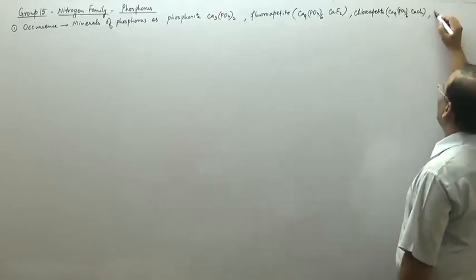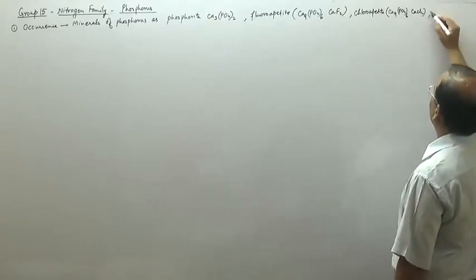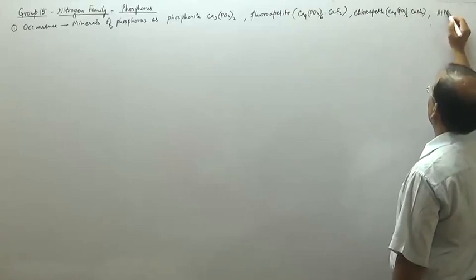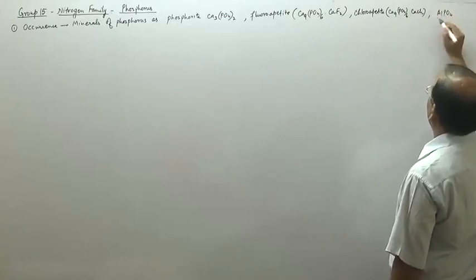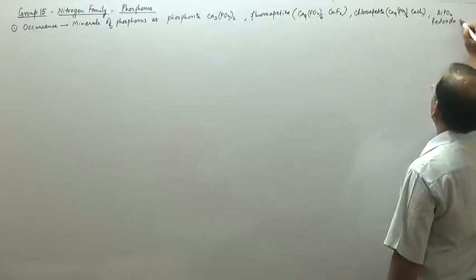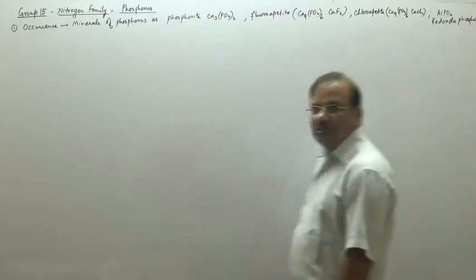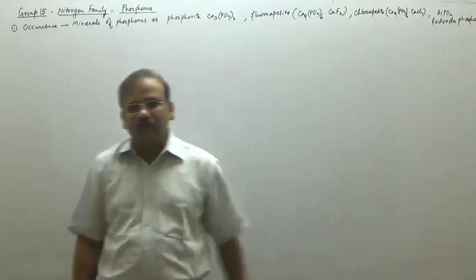Similarly, I can write redonda phosphate, that is aluminum phosphate. The aluminum phosphate is also a mineral of phosphorus, that is called redonda phosphate.